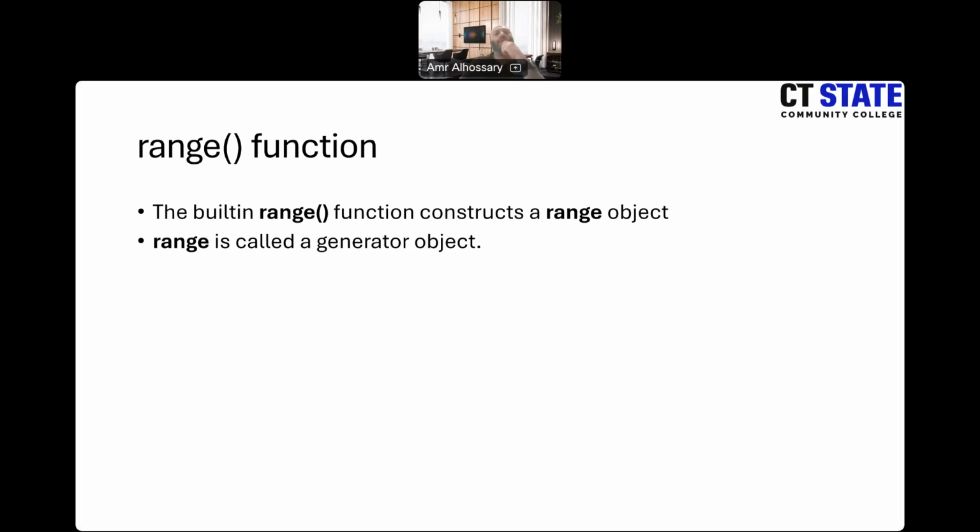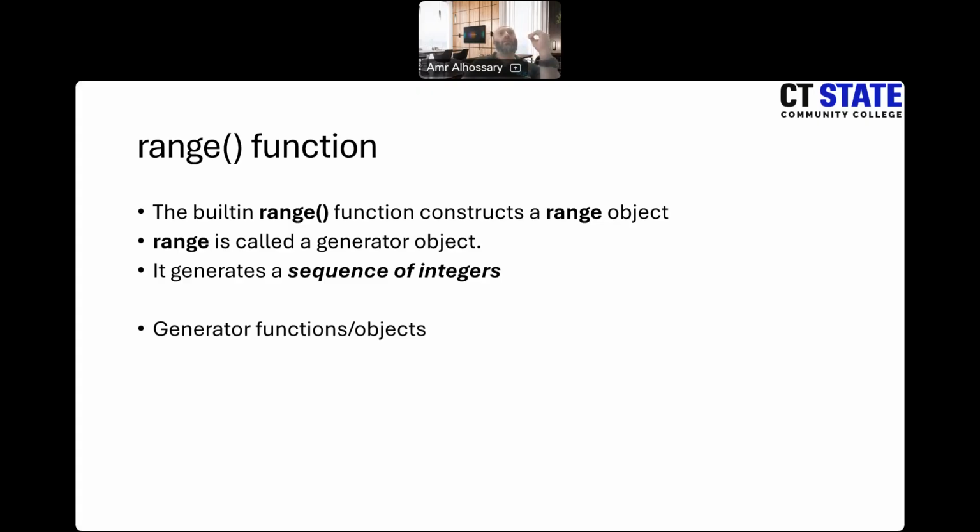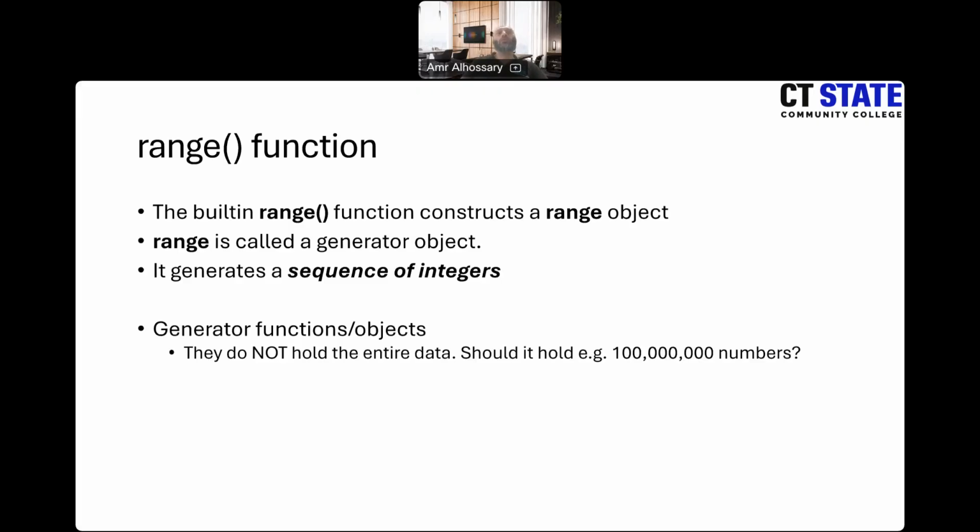But generally speaking, the generator is an object that generates a sequence of integers. Okay, and the generator function or generator object don't hold the entire data it will generate.